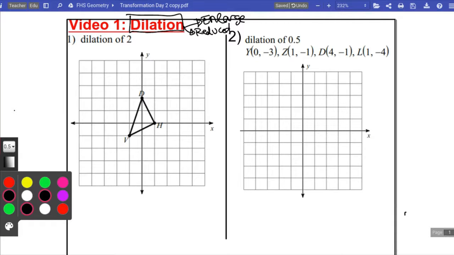All right, so number one, they want us to dilate this triangle by a scale factor of 2. I'm gonna tell you right now, if the scale factor is greater than 1, then we will have an enlargement.